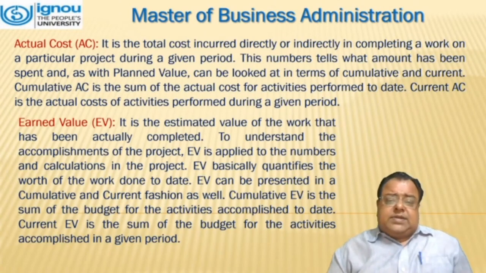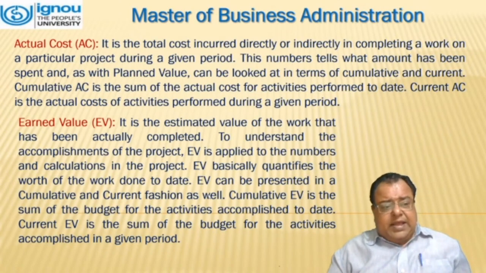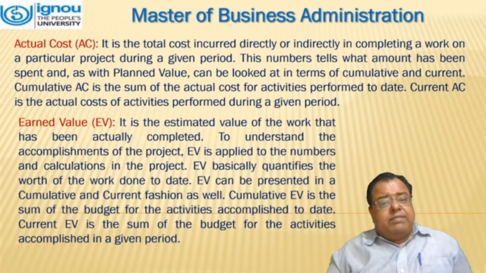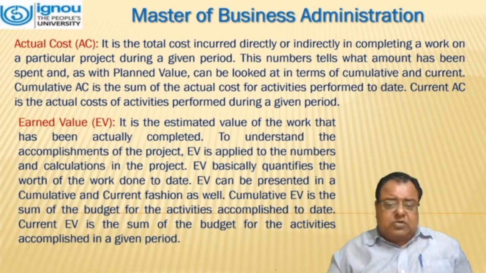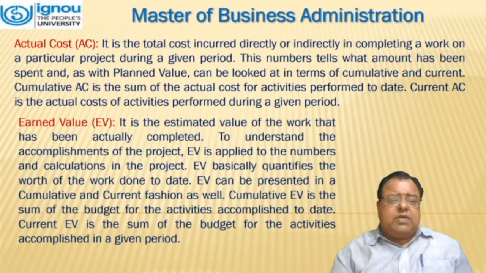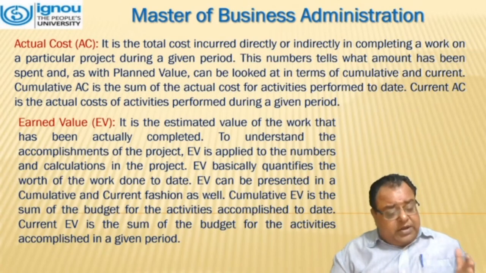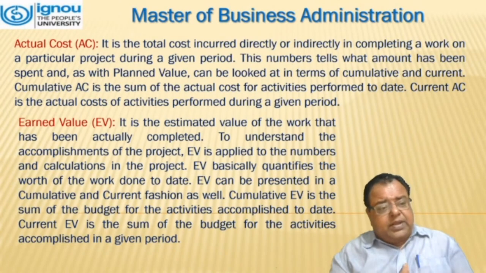This number tells us the amount that has been spent, and like planned value it can be looked at in terms of cumulative and current. Cumulative AC is the sum of actual cost of activities performed to date. Current AC is the actual cost of the activities performed during a given period.